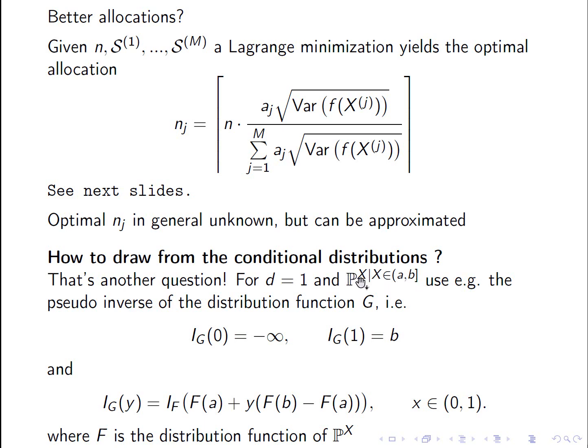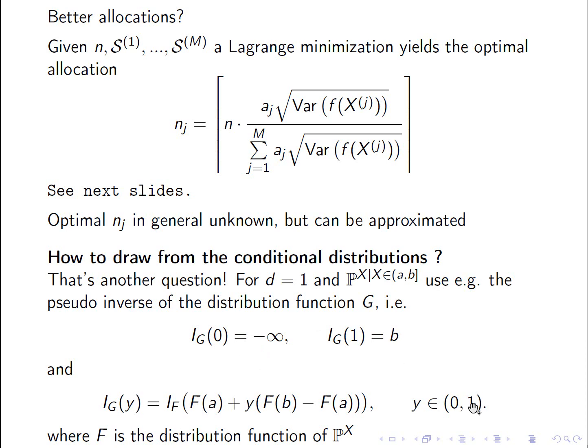That's the conditional distribution of x under the condition that x takes values in the interval a open, b closed. Well, for this conditional distribution, we can write down its inverse distribution function, ig. And this is as follows. ig of 0 is minus infinity, ig of 1 is b.